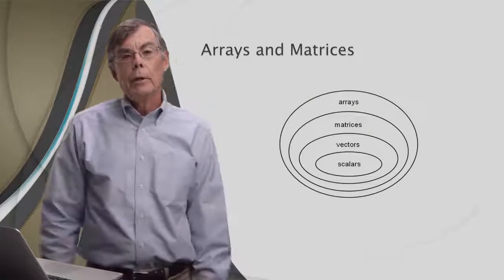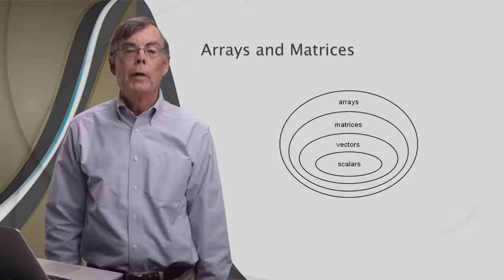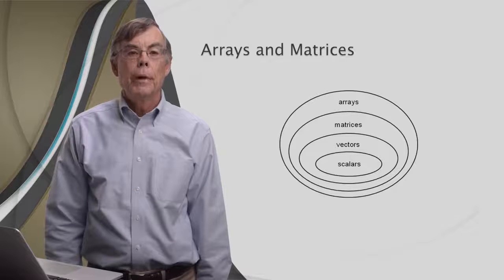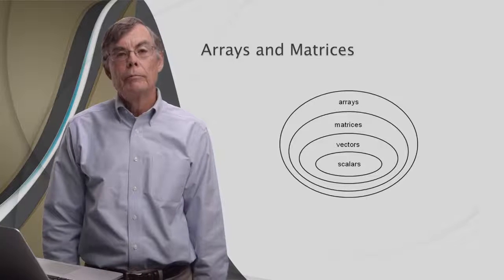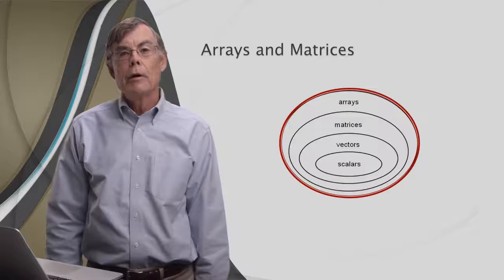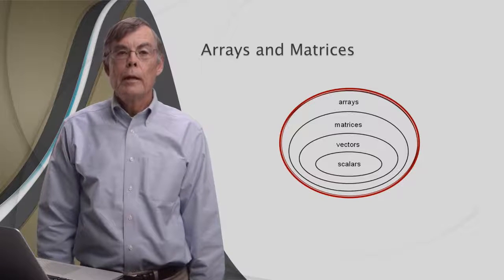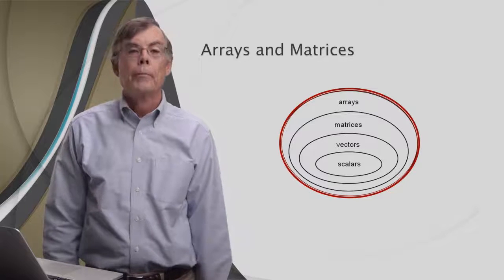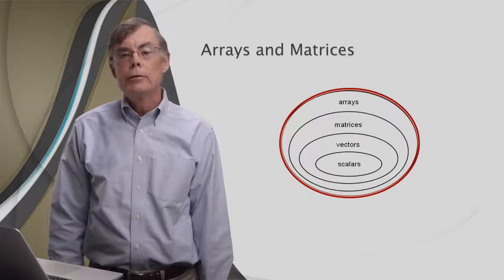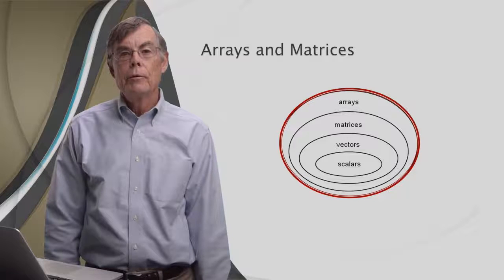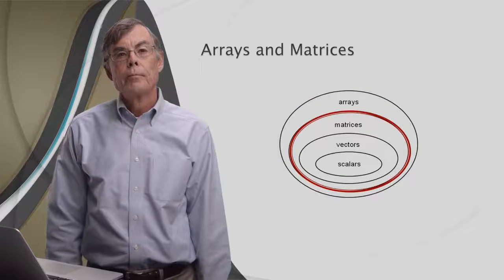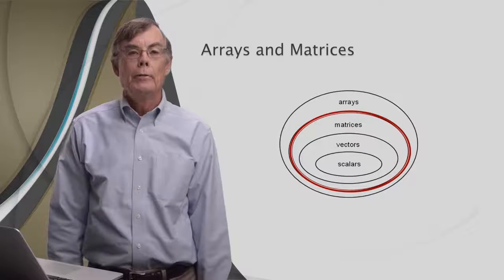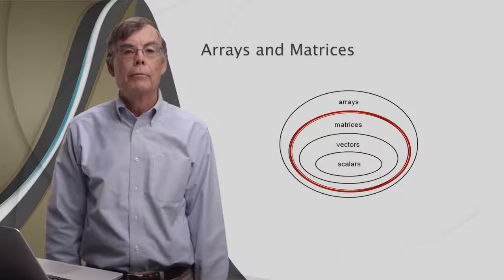Let's look at a picture from the book that shows the relationships among all these types of arrays. Here we see all 4 types: the arrays, the matrices, the vectors, and the scalars. First, we highlight the set of all arrays. This is the biggest set, and it includes all numbers of dimensions: 1, 2, 3, 4, and on and on. In particular, it includes as subsets the special types of arrays, the ones with other names. Here are the matrices. You can call these matrices or arrays, and inside the matrices are the vectors.